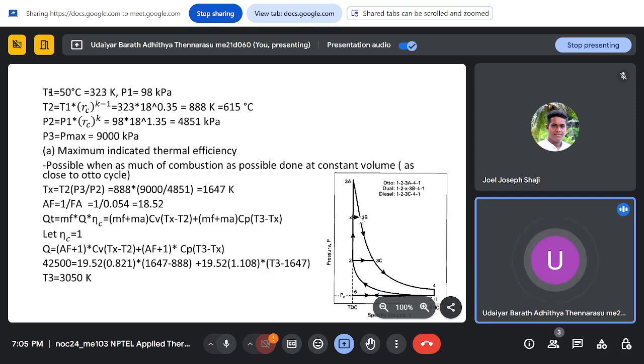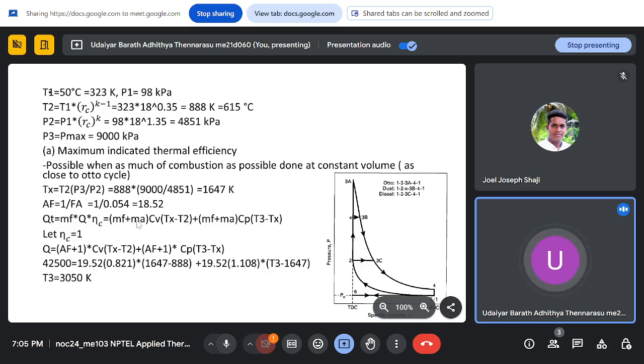Temperature at state X. So now air fuel ratio is 18.52. So your total heat which you are adding in is mass of fuel into calorific value into combustion efficiency, which will be equal to your constant volume heat addition and then constant pressure heat addition.